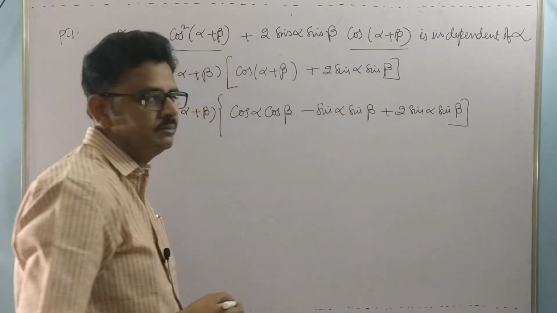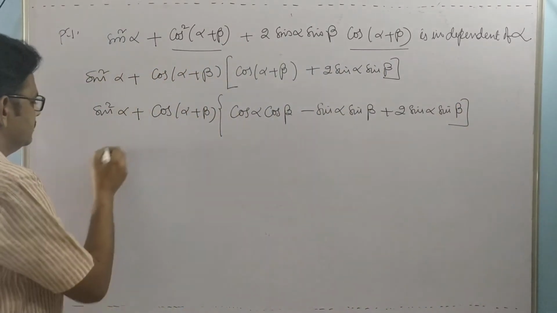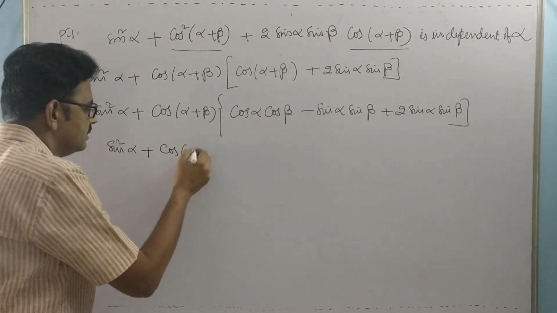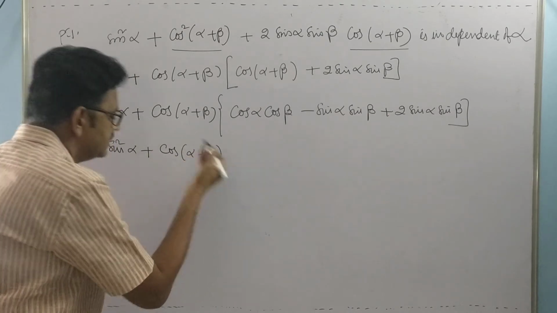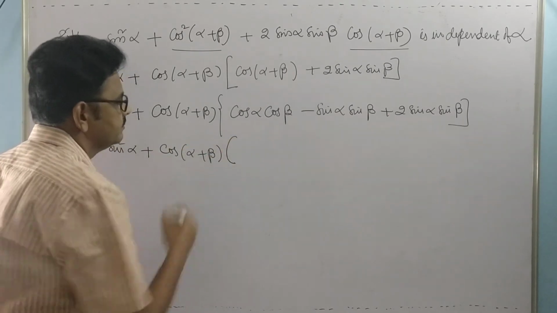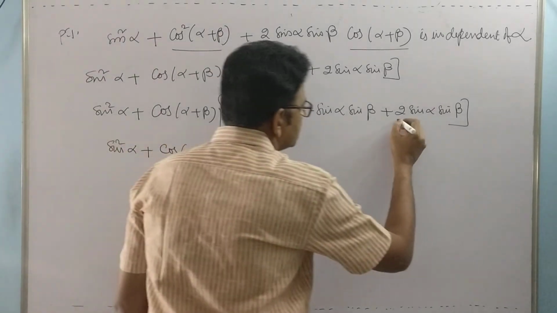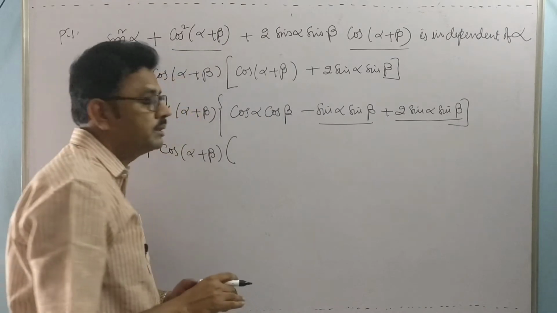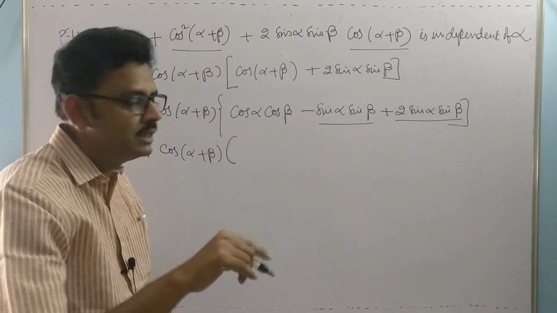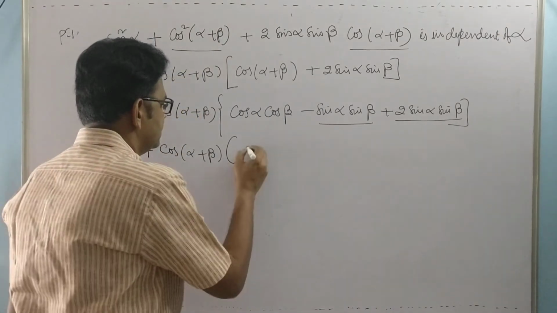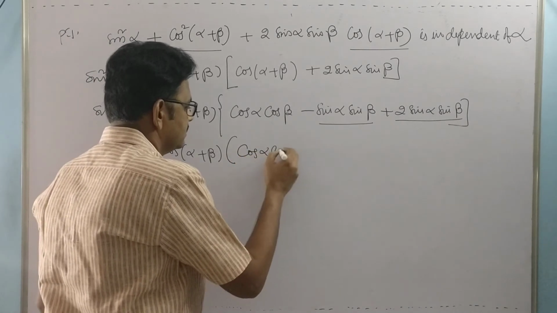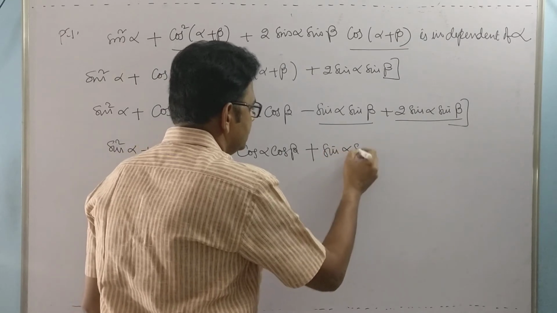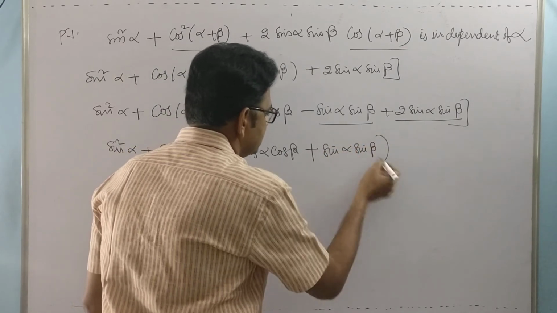This is the expansion. Now this is sin square alpha plus cos of alpha plus beta into this is, so this is 2 sin alpha sin beta minus sin alpha sin beta. That becomes what? We have 1 sin alpha sin beta. So this is cos alpha cos beta, right, plus sin alpha sin beta.